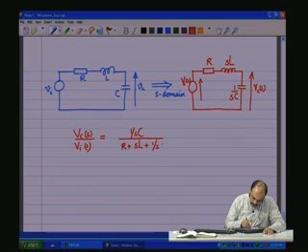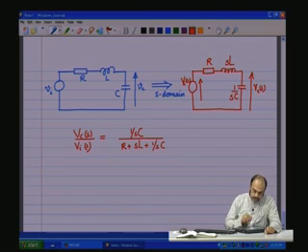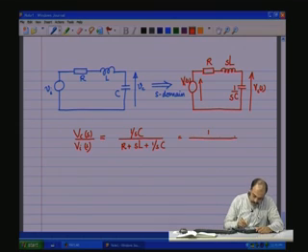This is like a normal analysis that you would do with a resistive network or sinusoidal steady state network, and this is going to result in, if I make a slight simplification, 1 divided by S square L C plus S R C plus 1.